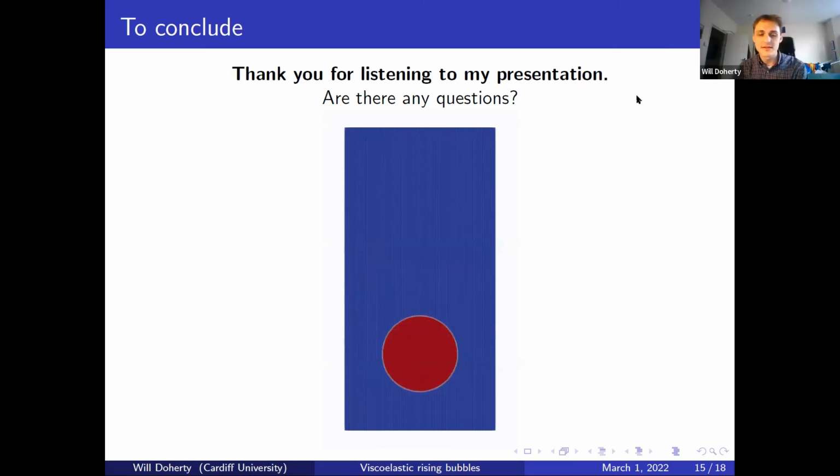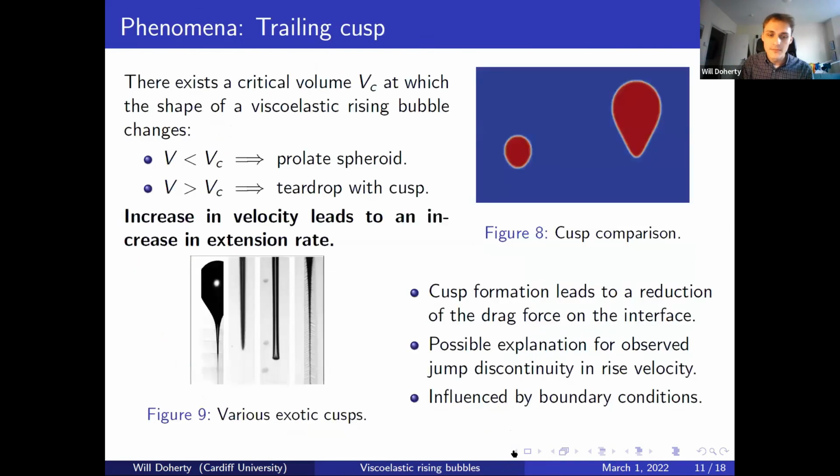Yeah, so one of the good things about being in this field is there is a wealth of experimental results. Normally viscoelastic fluids are incredibly hard to model, and like I said, because the systems are so big, not a lot of time has been put into numerically modeling these, but experimentally it's not too bad. So there is a massive amount of experimental results out there. If I go back to one of my slides, I didn't talk about this, but in figure 9, you can see that there are some quite exotic trailing cusps that have been modeled there.